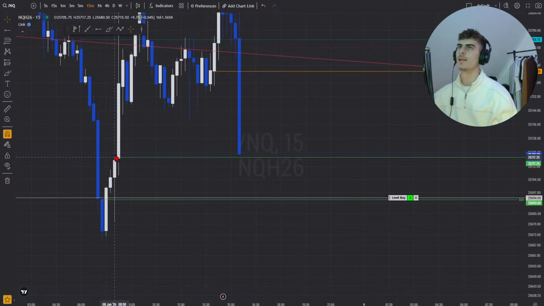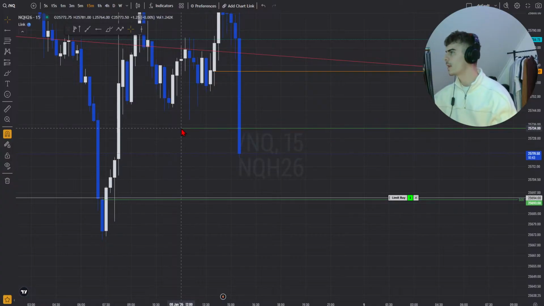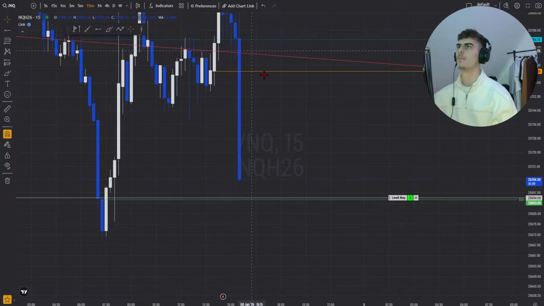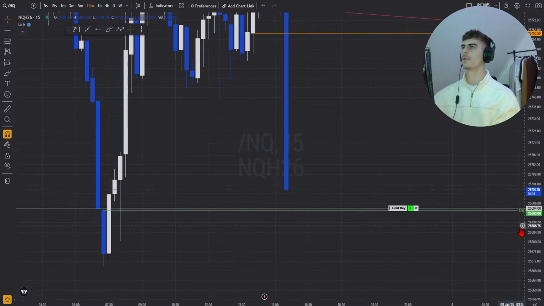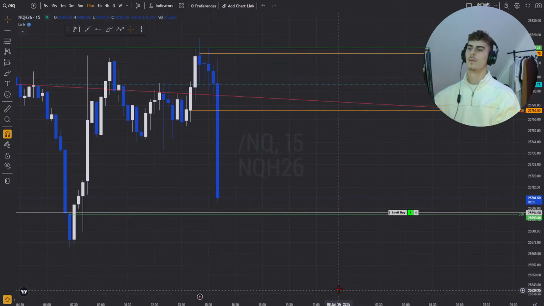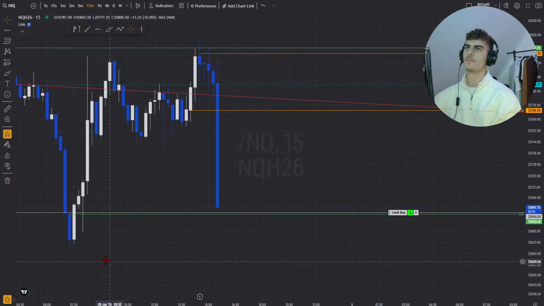So you want to take this liquidity or this fair value gap and then put your stop loss below it, you mean? Okay, I'm gonna get filled, I think, and then we're expecting a pull, right? Let's see. Like stop loss below this, right?